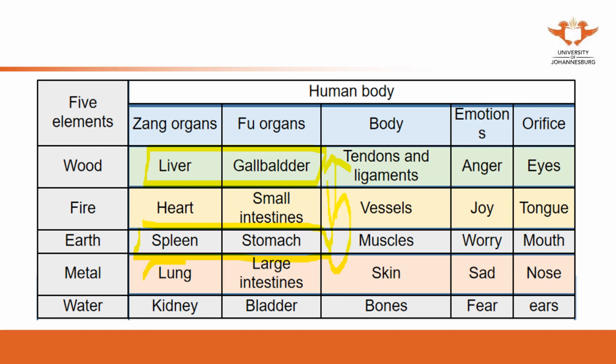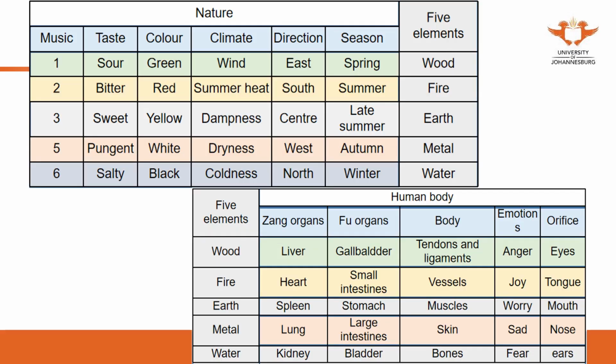So that's why they link to each other: from the meridian they link to each other. Apart from the meridian, some functions of these organs also help each other. That's something we can see from the clinics. So these two tables you need to memorize.